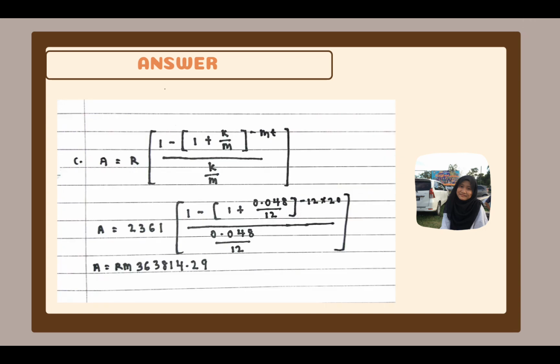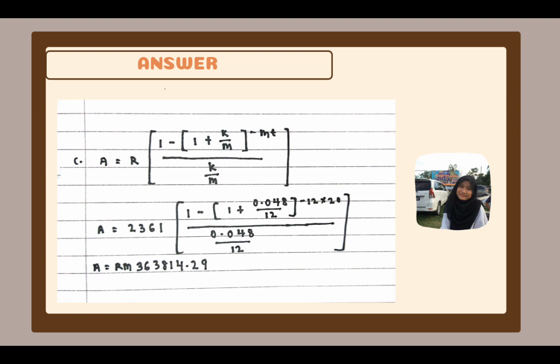And for the last question, we use the same formula as question 6a, which is A equals R open bracket 1 minus open bracket 1 plus K per M close bracket power of minus MT over K per M close bracket. For this question, we're going to search for A, which stands for the value of the outstanding balance of Henry's housing loan.